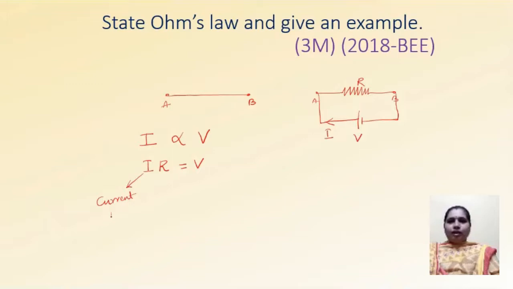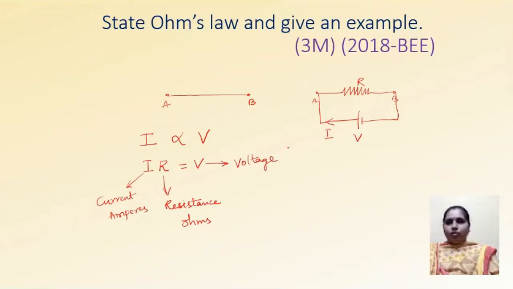Its units are amperes. R is the resistance, which is the opposition caused to the flow of current, and the units are ohms. And V is the voltage applied across its terminal.